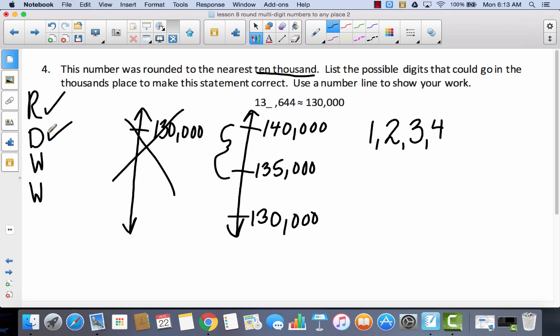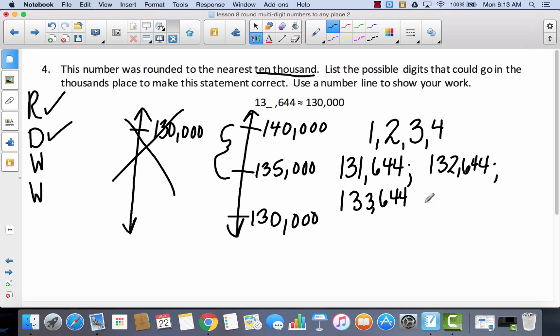So we drew our number line. Now we're going to write our number sentence, okay? So we're going to fill in this blank. We could say that this is 130,644; 131,644; I'm going to use a semicolon; 132,644; 133,644.